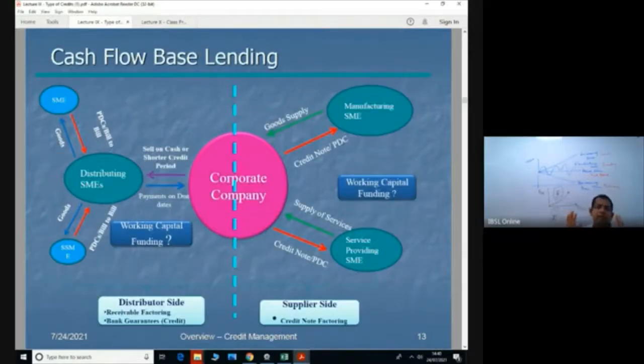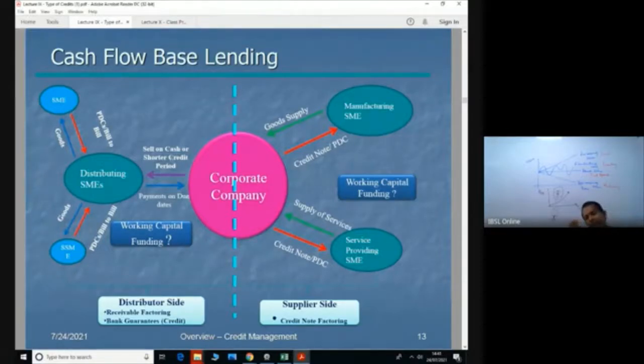Look at this. This is the two sides of the same coin. We have a corporate. We take it as DSI. My normal example, DSI. You have a customer who is a shoe manufacturer.